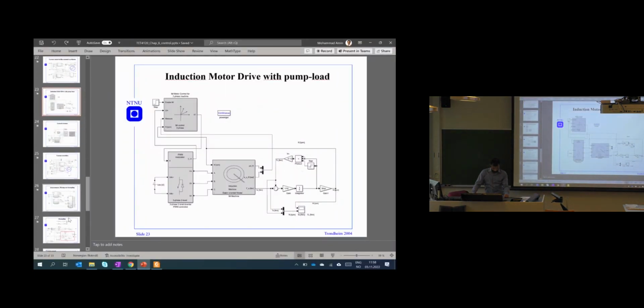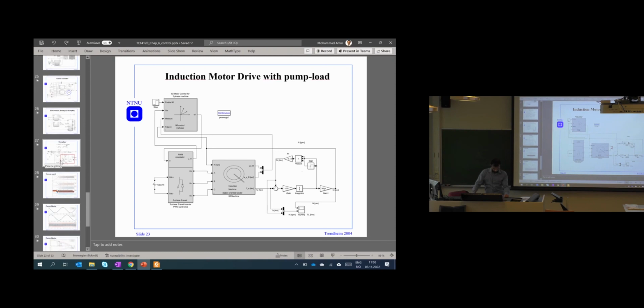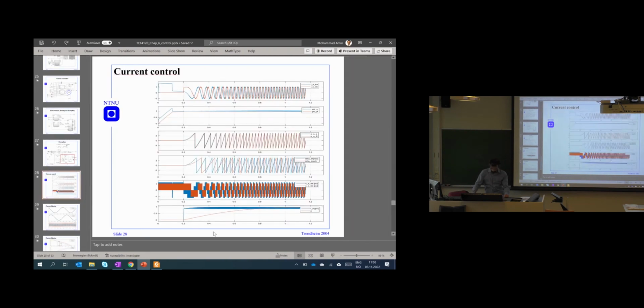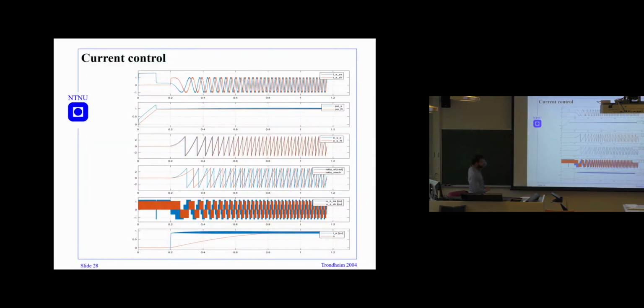Yeah, I just want to present one thing here. When you implement the control, in the beginning, this is the alpha axis component of current, and the beta axis component of the current.